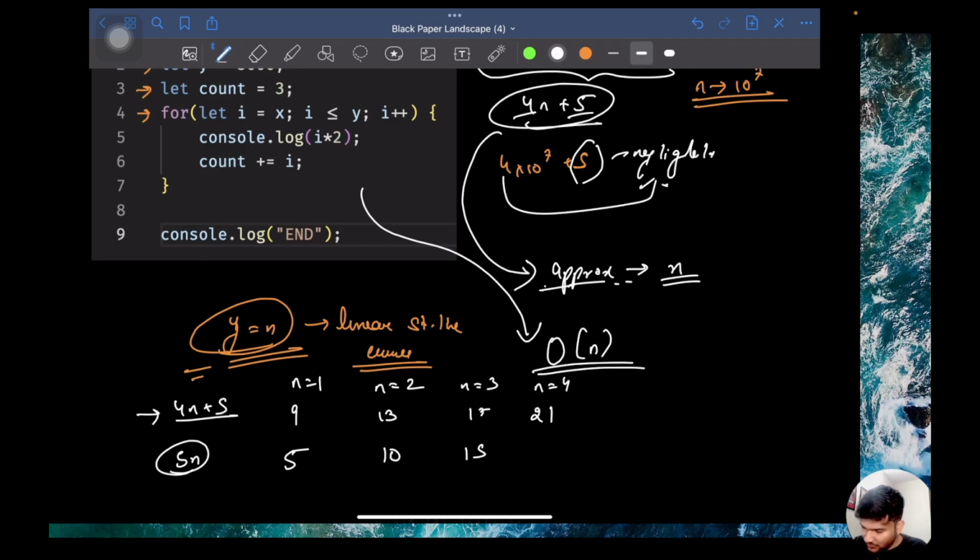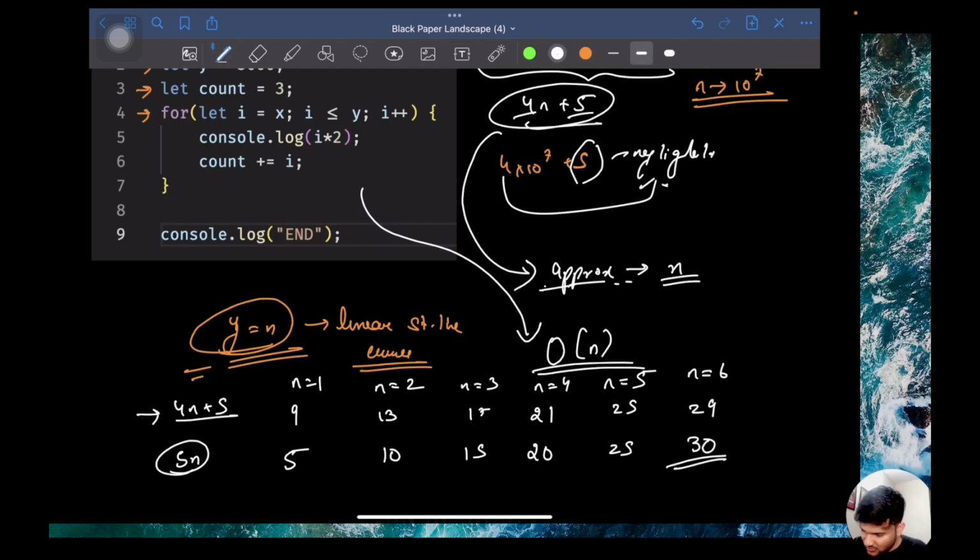And 5n will become 20. Now for n equals 5, this will be 5 into 4, 20, plus 5 is 25, and 5 into 5 is 25. And for n equals 6, this will be 29, this will be 30.